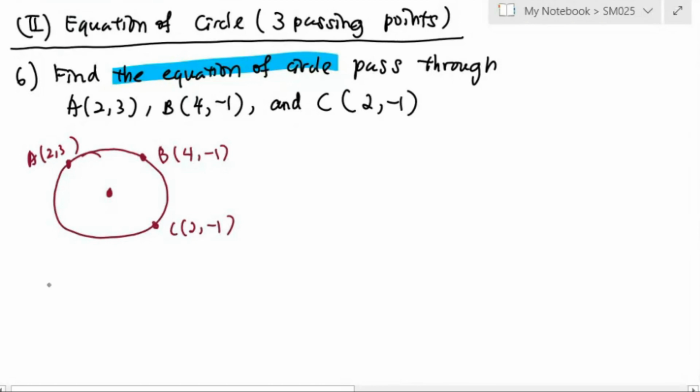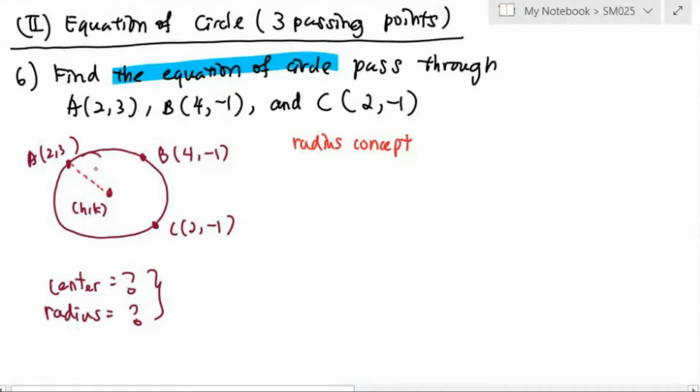Your main task is to find what your center is and what your radius is. We can use the radius concept that I taught you just now to help us form the equations. This is radius 1, radius 2, radius 3.